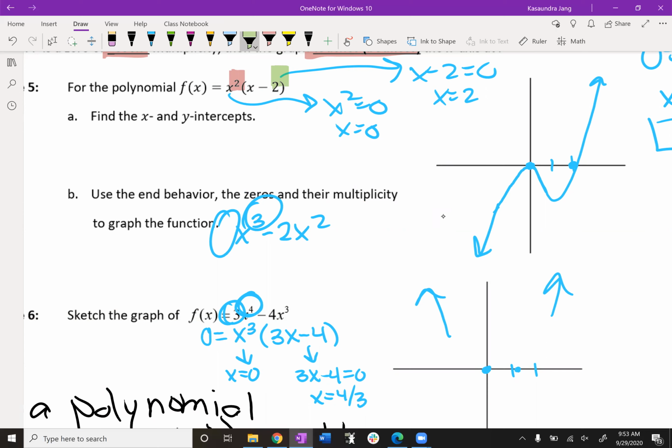Oh, the 4/3, that came from this factor that didn't show an exponent because it was raised to the first. That was degree 1. So that's an odd, it should cross there. Actually, this x to the 3rd, that's also an odd number. It should cross at the 0 as well. So it's going to go through 0, crosses through there, and it's supposed to turn around and cross that also. So it actually crossed through both of them.